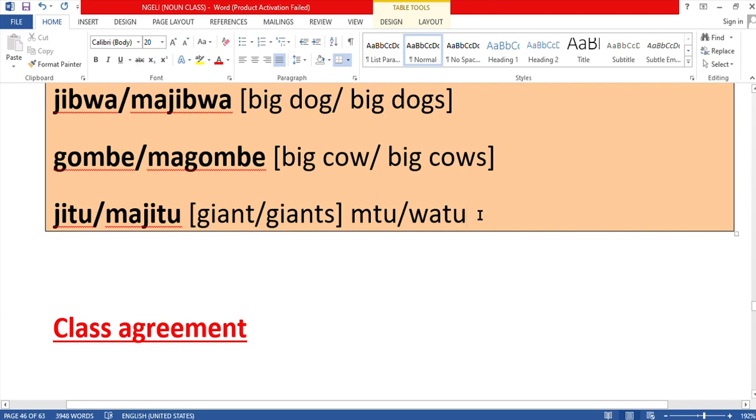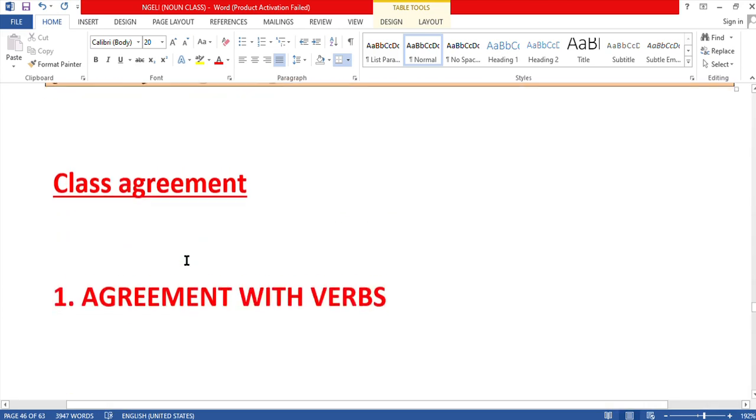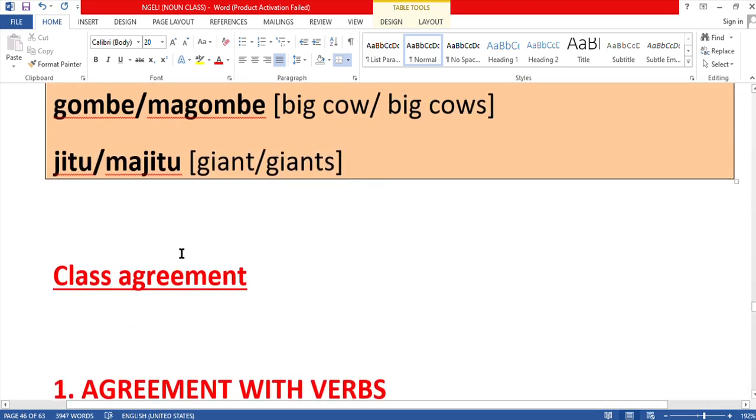So as usual, I have to wrap this one so that you don't get confused. Maybe if it were in a table, it would be better. Now we are going to learn the class agreements. Having learned the nouns in the JI-MA category, how do you use these nouns in a sentence?